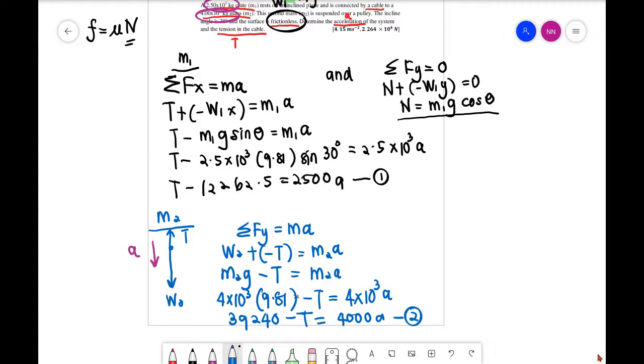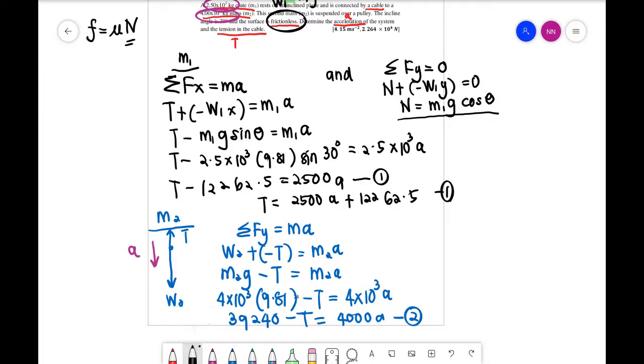So the rest is mathematics. From equation 1, we can let T be the subject, so T equals 2500A plus 12262.5. Equation 1.